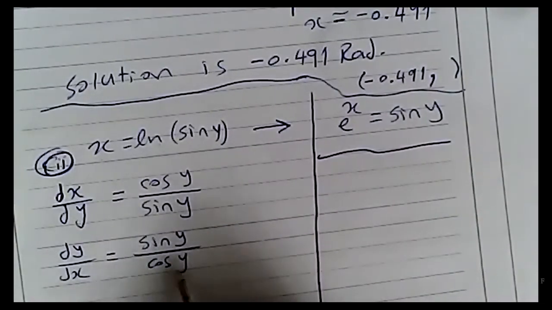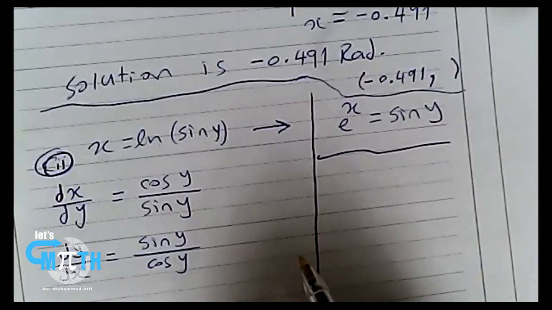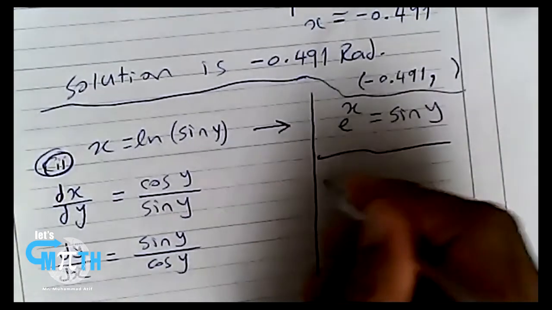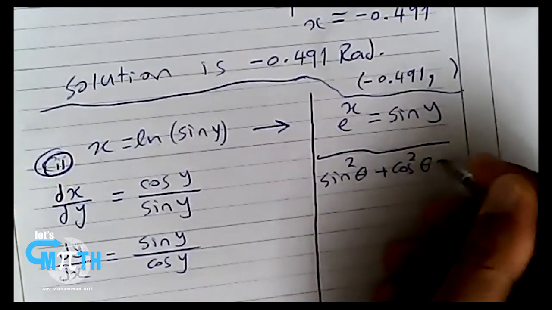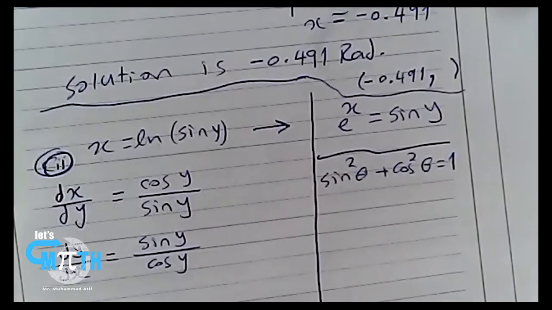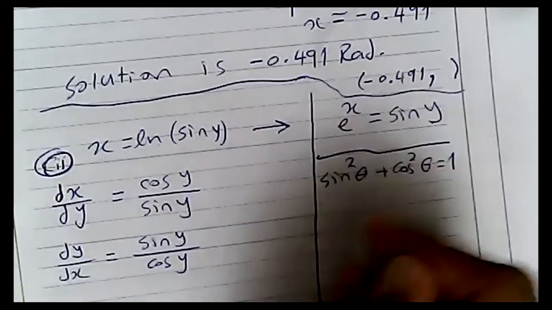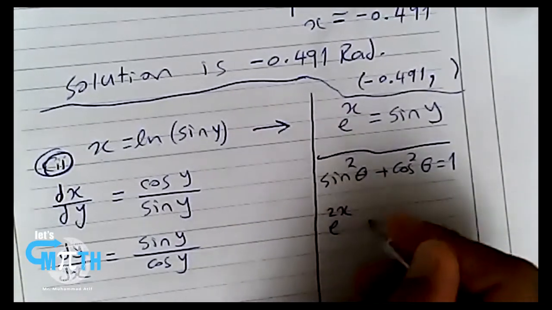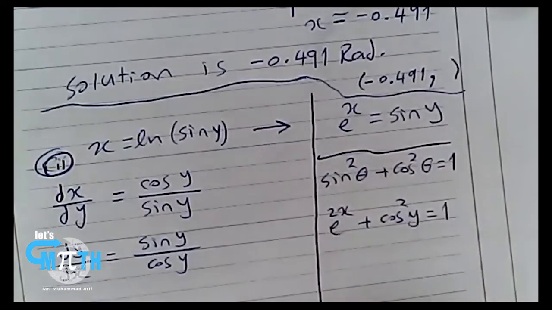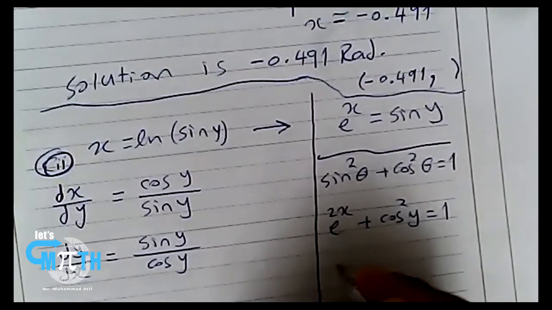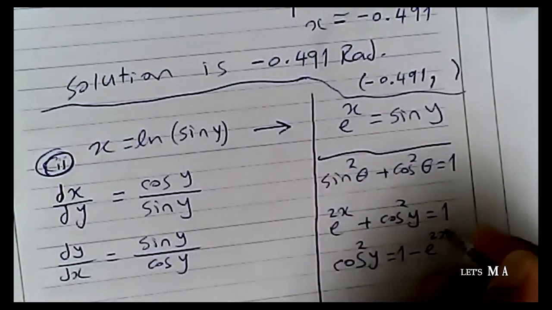How to convert cosine y to a function of x? If you know that sine y equals e power x, and you know that sine squared of any angle plus cosine squared of the same angle is equal to 1, an identity. So sine squared means this squared, so it will be e power 2x plus cosine squared y is equal to 1. So cosine squared y equals 1 minus e power 2x.